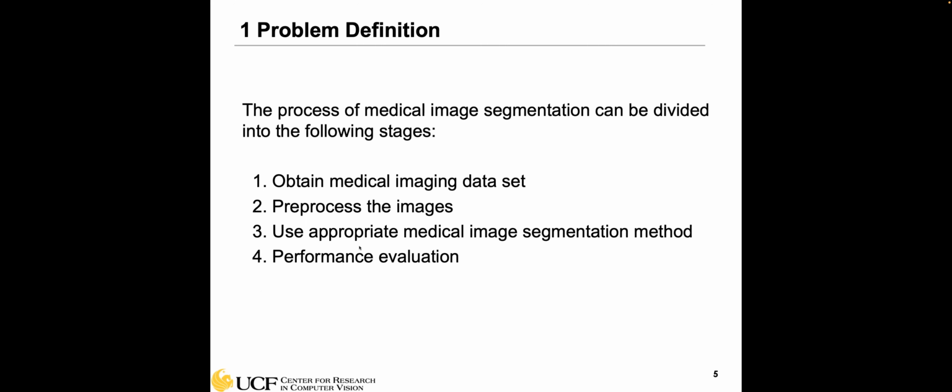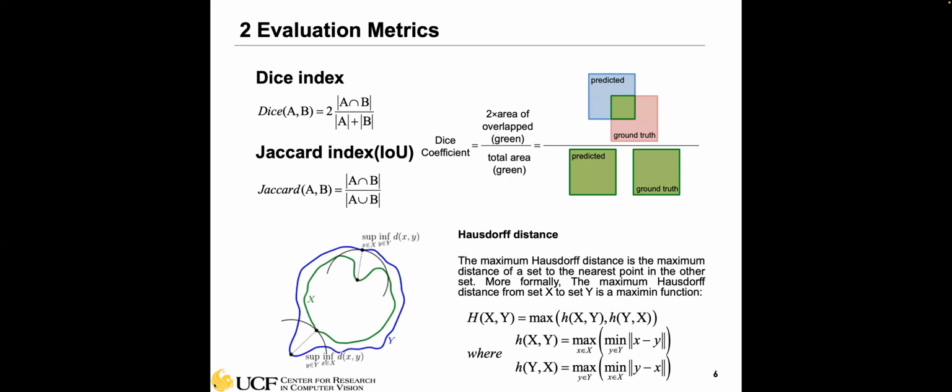Once we have the model, we want to evaluate its performance, that is, how well it performs on the testing data. So we will talk about some evaluation metrics for this purpose.